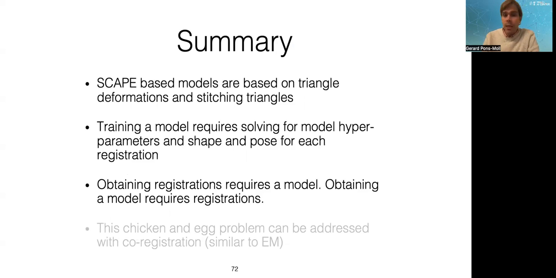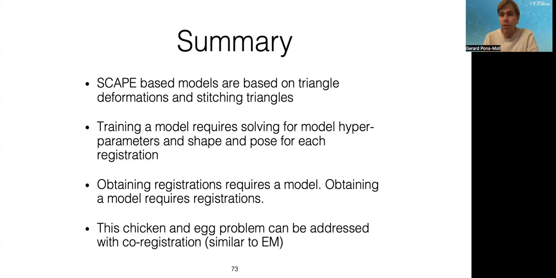We've seen that obtaining registrations requires a model, and obtaining a model requires registrations. And we've seen that this chicken and egg problem can be addressed with what is called core registration, which is this iteration of holding registrations fixed, fitting the model parameters, and then doing the reverse, keeping the model parameters and hyperparameters fixed, and finding the registrations.